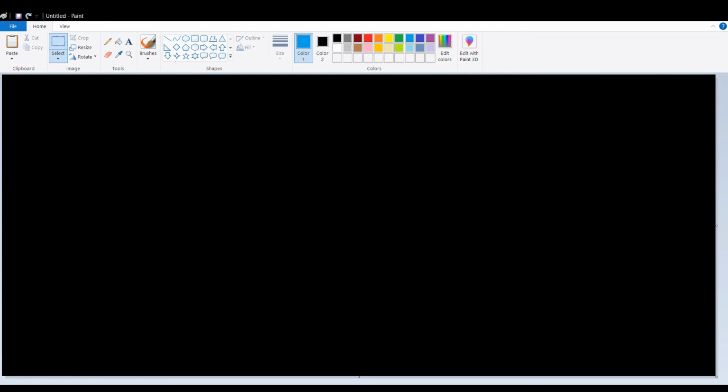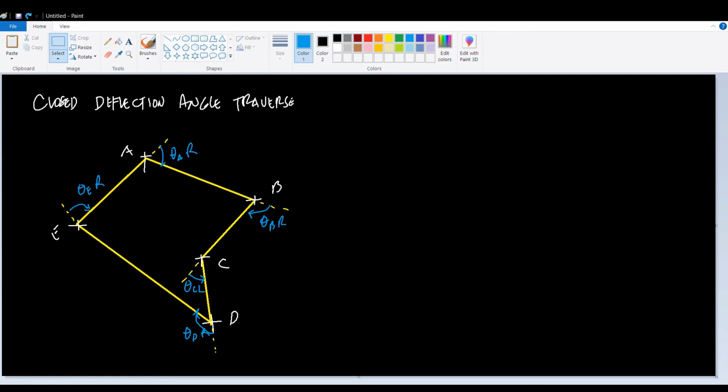For a closed deflection angle traverse, let us consider the given closed traverse. We have 5 station points, A, B, C, D, and E, and indicated in our figure are the respective deflection angles at A, B, C, D, and E. Notice that it's a combination of right and left deflection angles.